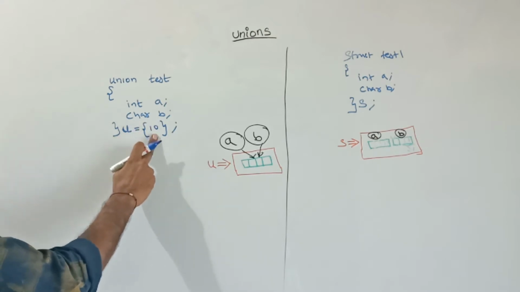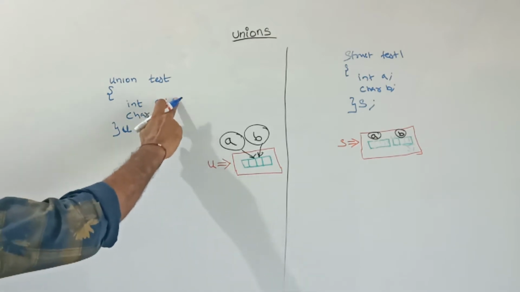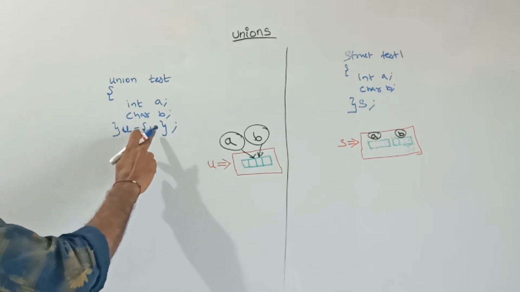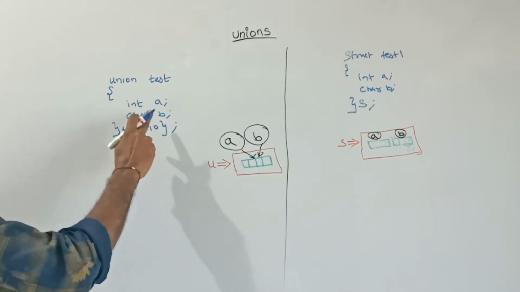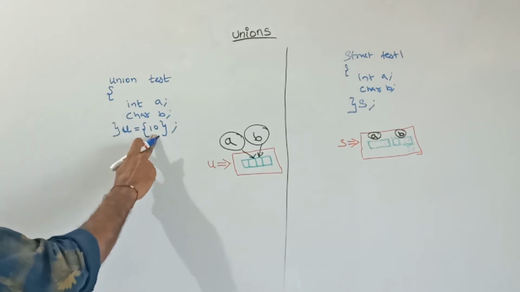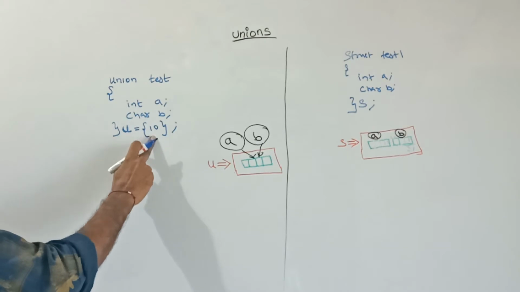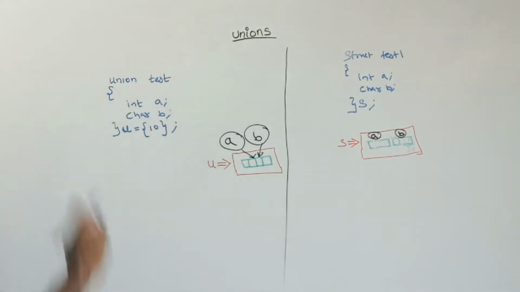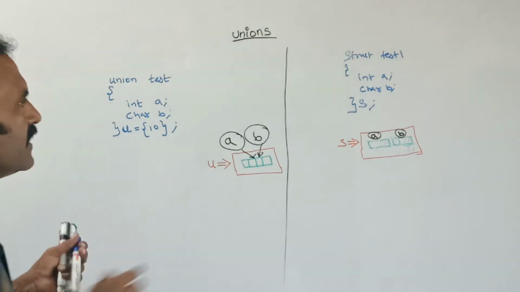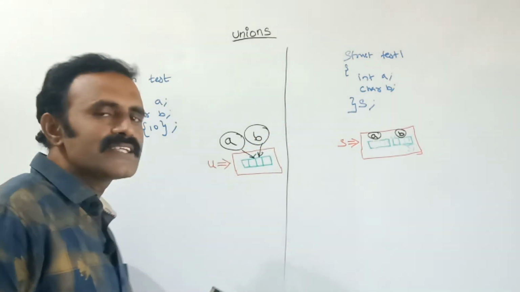So this 10 will be assigned to where? To A, because within the braces, the value which we give very first will be stored or assigned to the first member. We already studied this in the structure also. Suppose in a structure, how will we initialize the value?